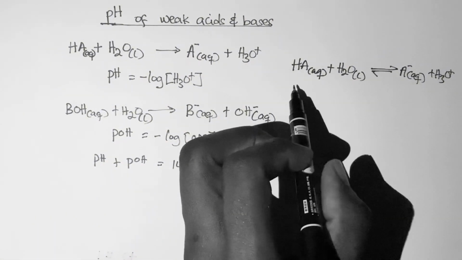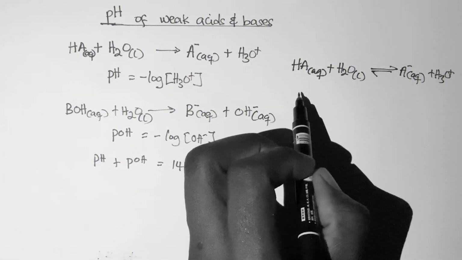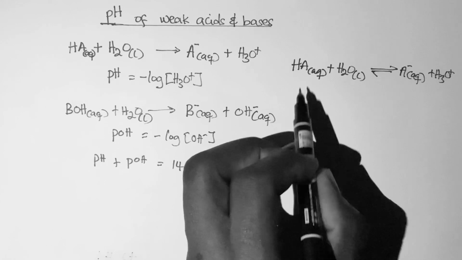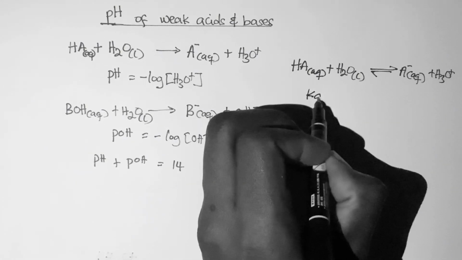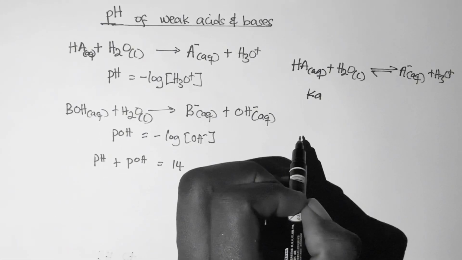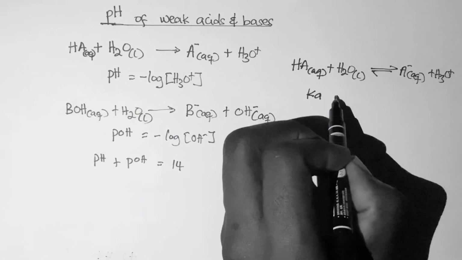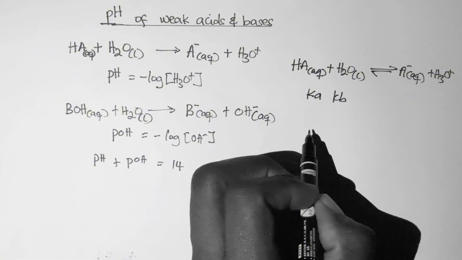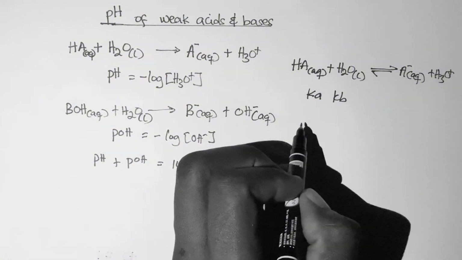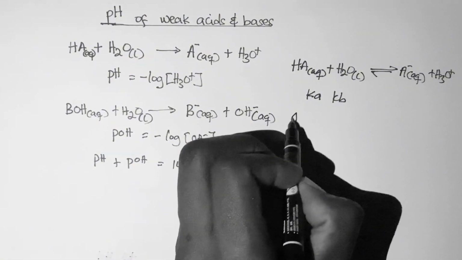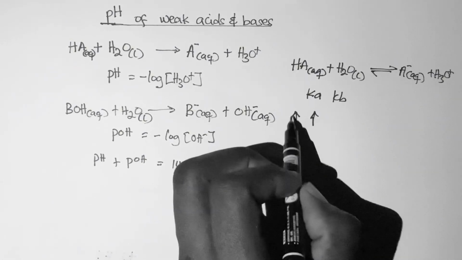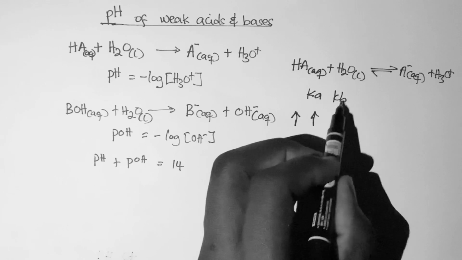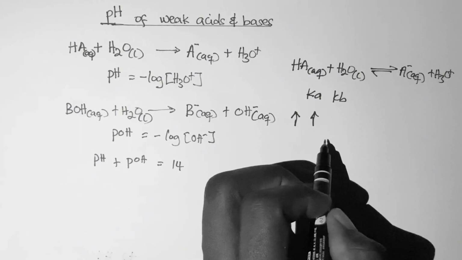The factor that determines whether an acid is strong or weak, or whether a base is strong or weak, is dependent on the Ka, which is also known as the acid dissociation constant, or Kb, the base dissociation constant. The strength of an acid increases with an increasing Ka, and the strength of a base also increases with an increasing Kb.